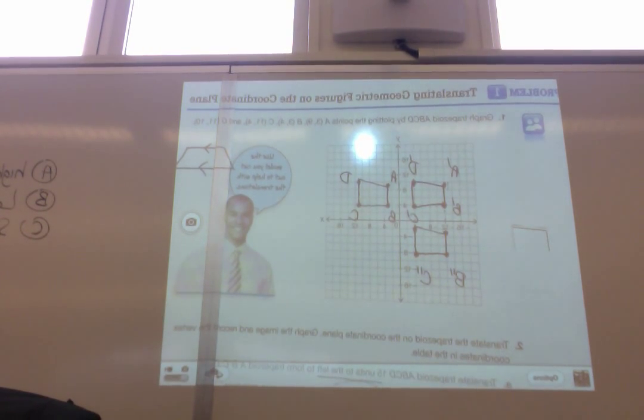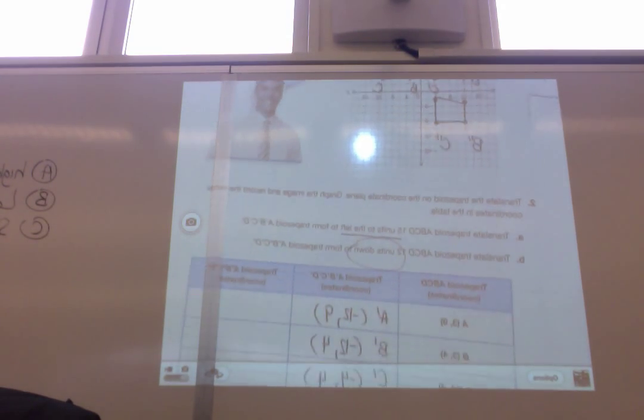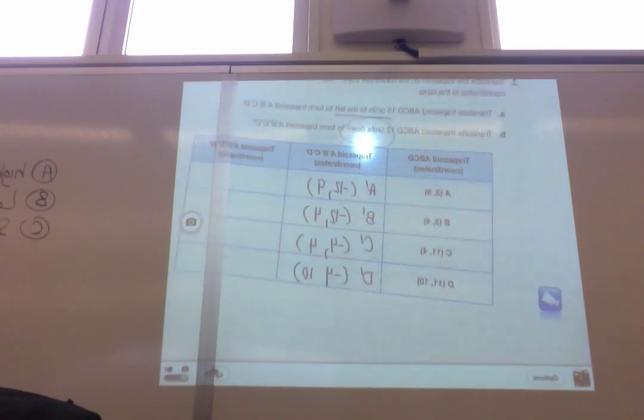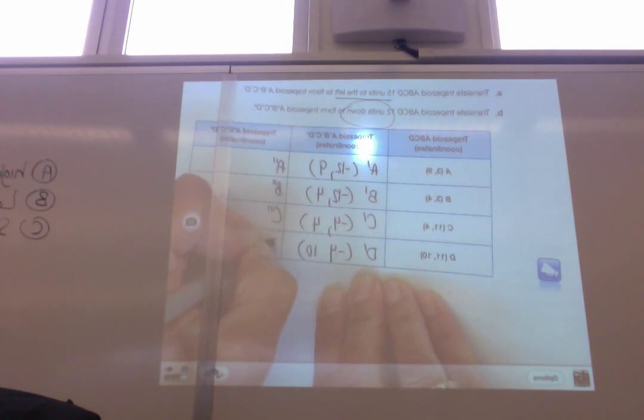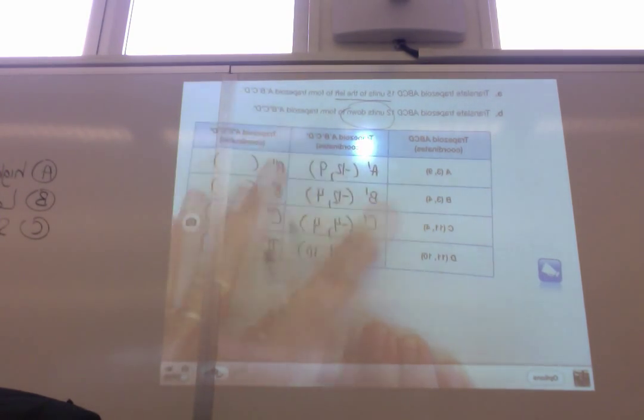Okay? All right. So we got to do coordinates. A prime prime. And when I look at the coordinates, it's going to be similar to this second version of our trapezoid, or this image.